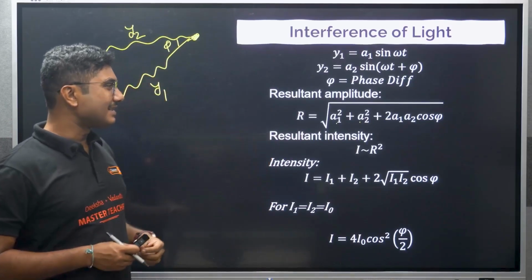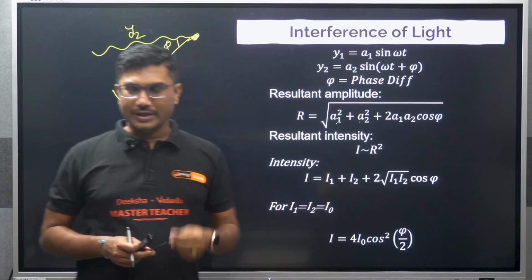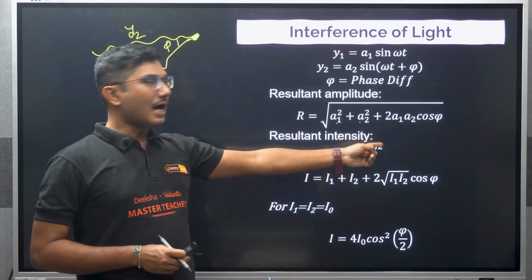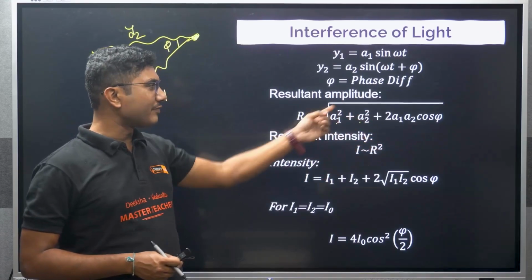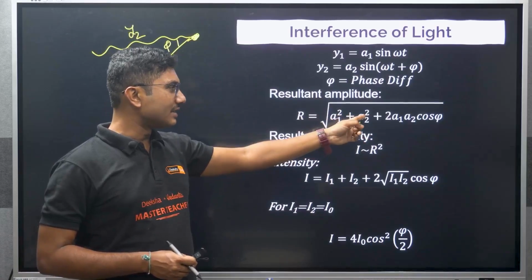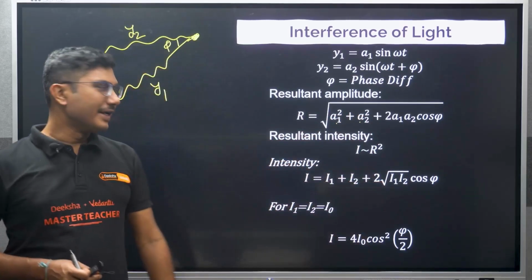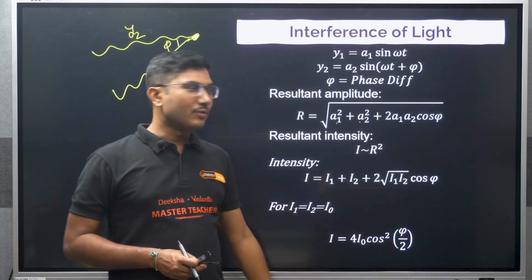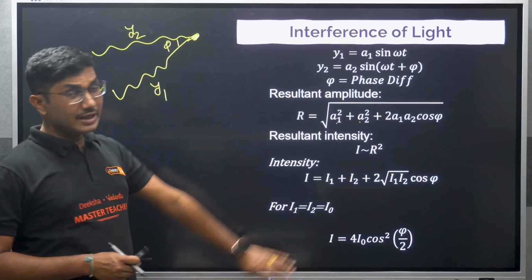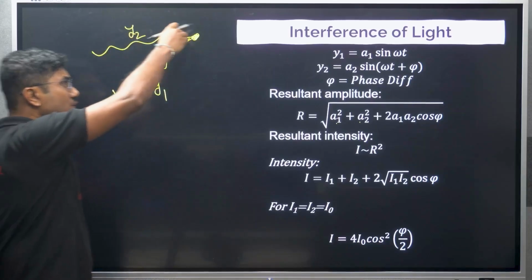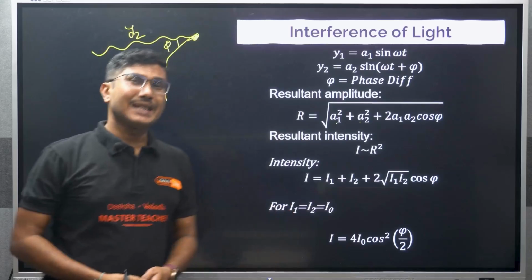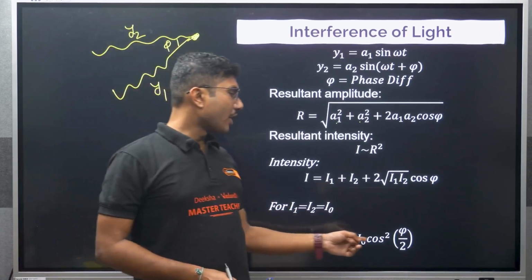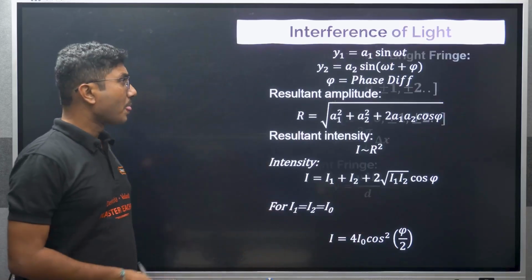Intensity is always proportional to amplitude square, so the resultant intensity is I proportional to r square, and if you put the corresponding values, this as I1 and this as I2, then this formula can be rewritten as intensity equals I1 plus I2 plus 2 square root of I1 I2 cos phi. Now if both the lights superposing at this point have the same intensity, then the resultant intensity can be written as 4 I naught cos square phi by 2.